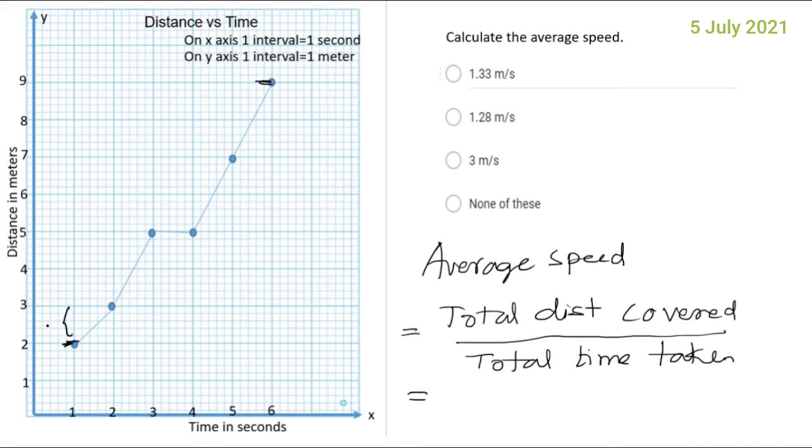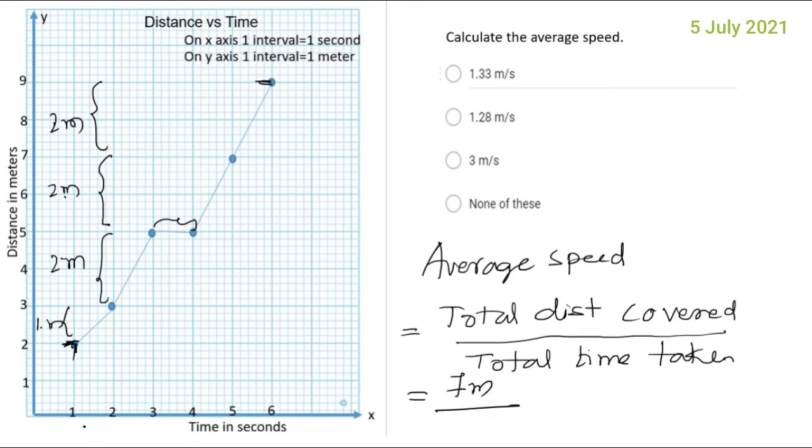So from here to here 1 meter, then here 2 meter, and then from here to here again 2 meter, and then from here to here 2 meter, right? It starts here, there is no distance covered here. That means 2 plus 2 plus 2, 6 plus 1, 7 meter distance is covered, divided by total time taken.